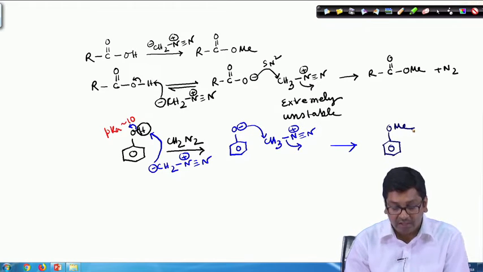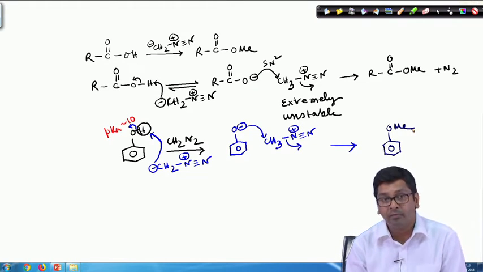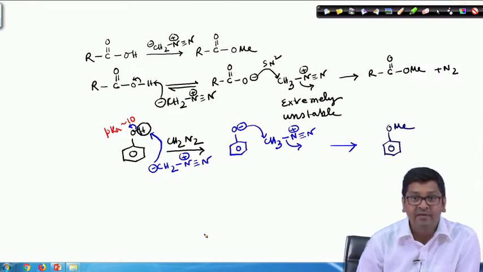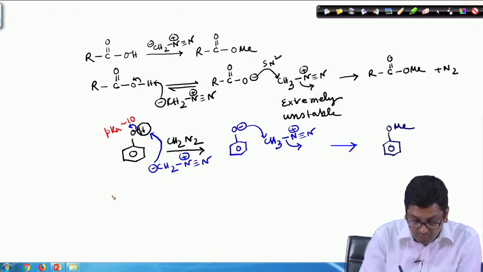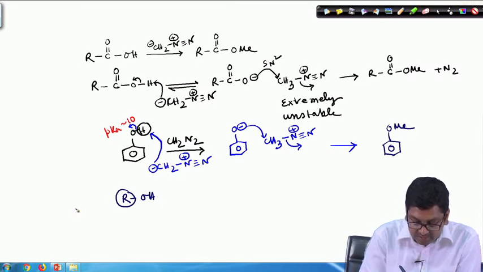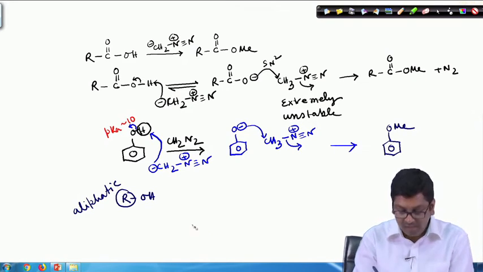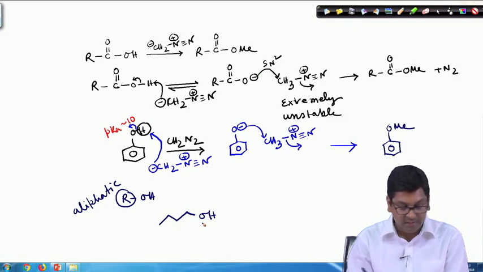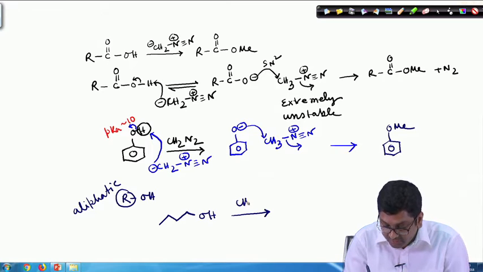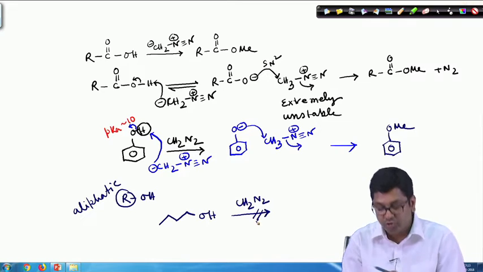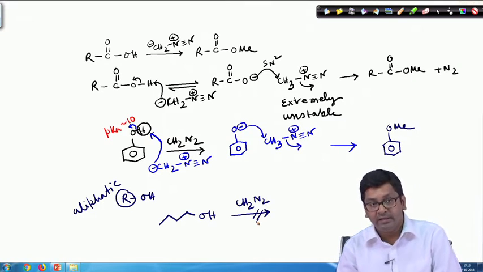But will it work if, instead of this phenolic compound, it is an aliphatic alcohol? That means, I am talking about ROH when R is aliphatic. For example, let us say we have this alcohol and we treat it with diazomethane, will it work? But actually it does not work. Why?